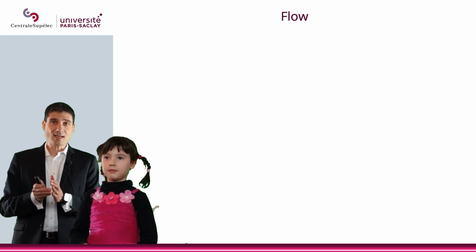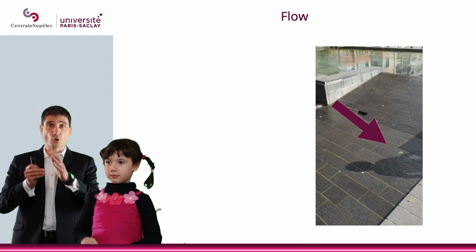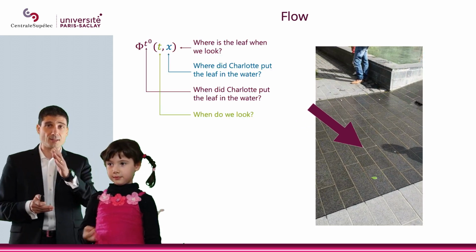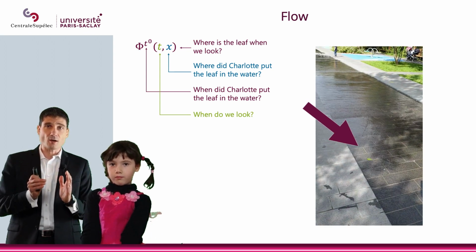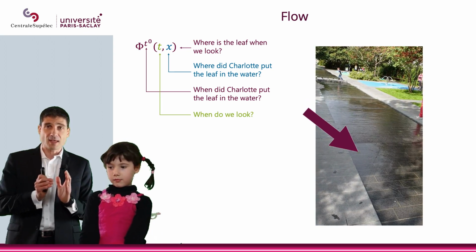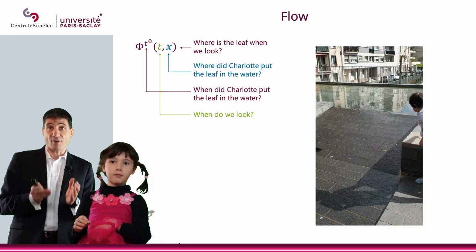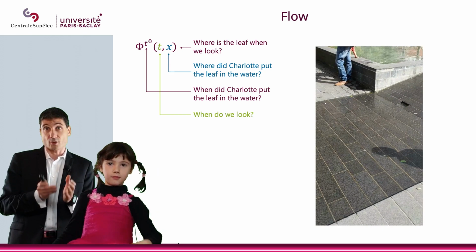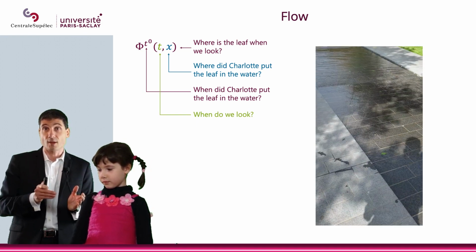And what we can see here is that when Charlotte puts the leaf on the stream of water, basically this leaf goes down the stream. And just think of phi t naught as the function that will tell you where the leaf is, provided you know what the time t is and what the position x is where Charlotte put the leaf to begin with.